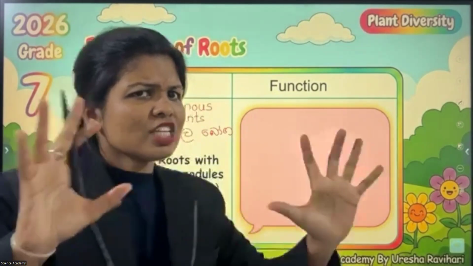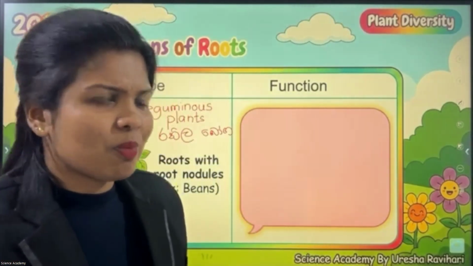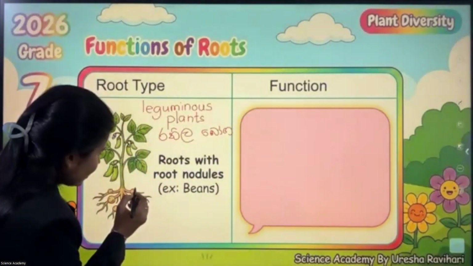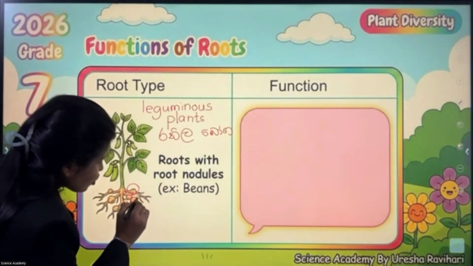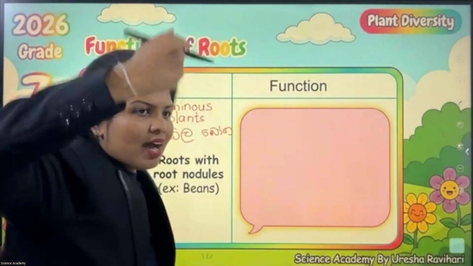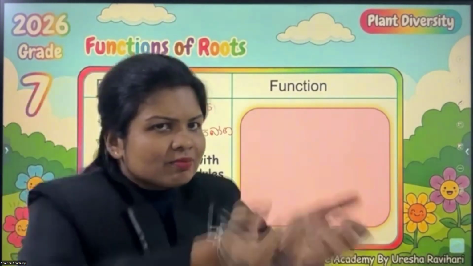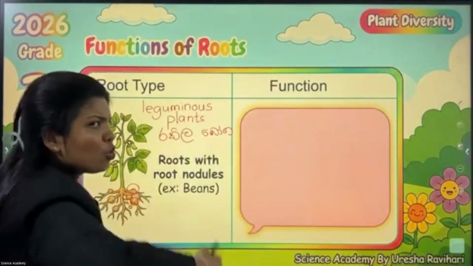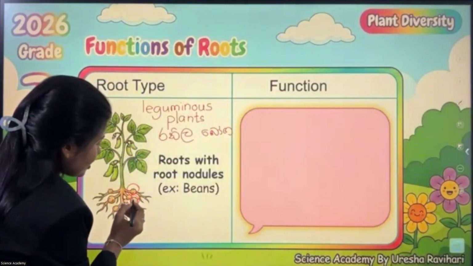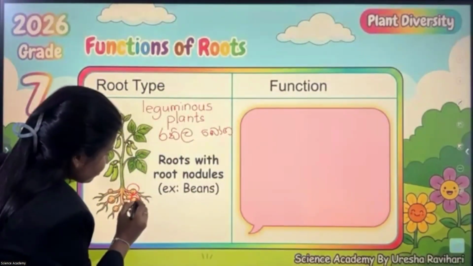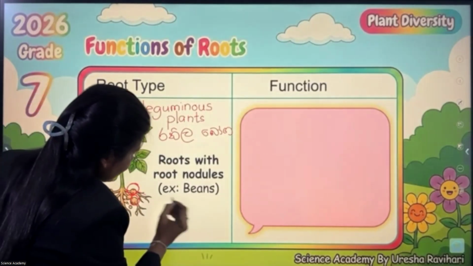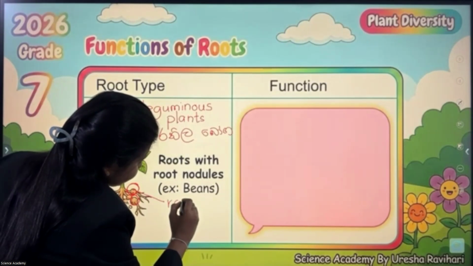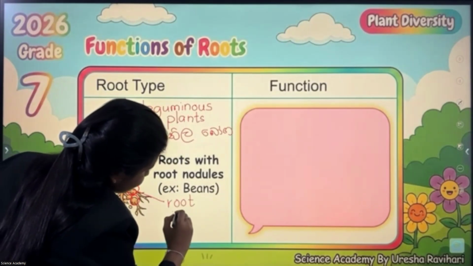Children, what is the specialty of these leguminous plants? Here, children, in these roots there are root nodules. When you uproot these plants and remove the root, we can see ball-shaped root nodules.